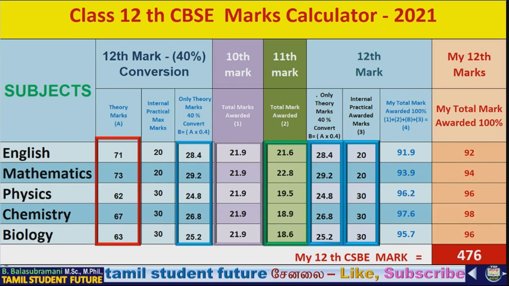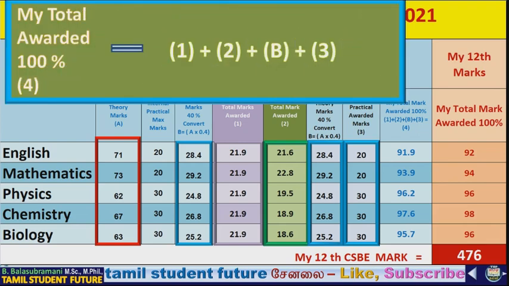So my total award 100% is column 4: column 1 plus column 2 plus column 3 plus column B. Column 1 is the 10th mark, column 2 is the 11th mark, column B is the 40% 12th theory marks, column 3 is internal and practical marks.